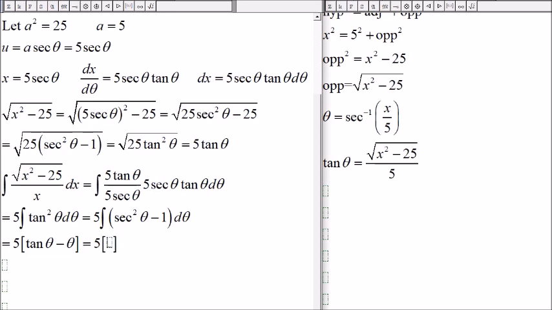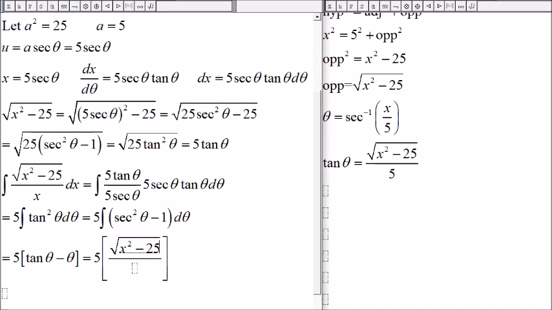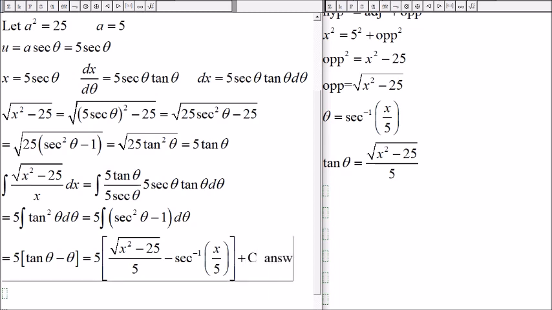So this will be the square root of x squared minus 25 over 5, and then theta, which is secant inverse of x over 5, and then plus c. And this is the answer.